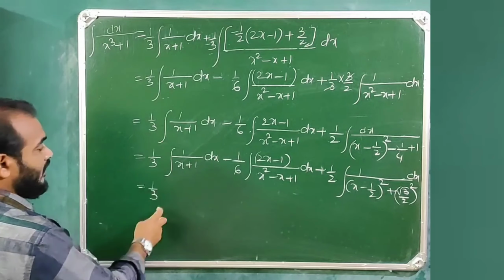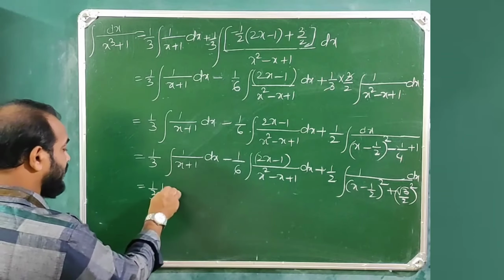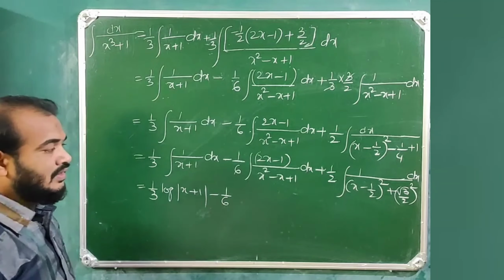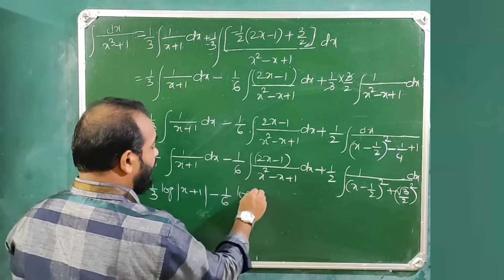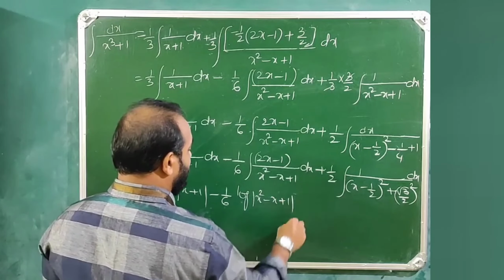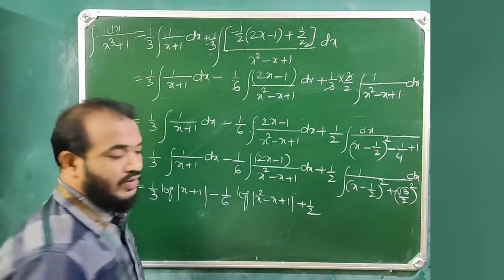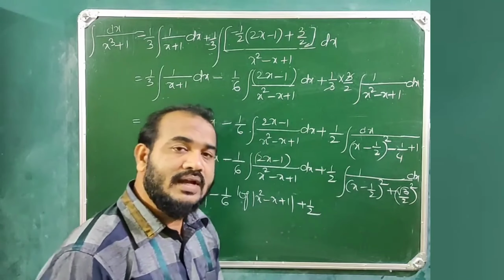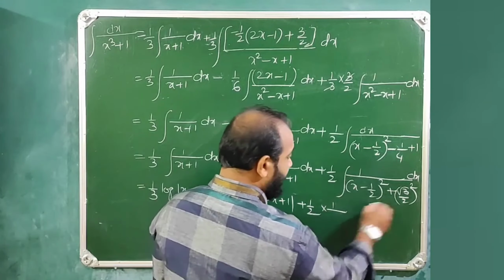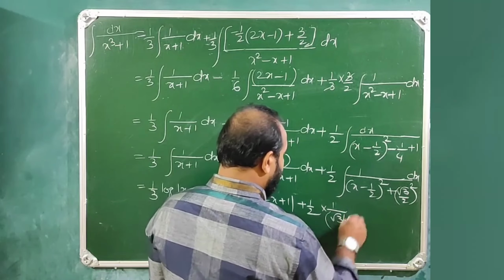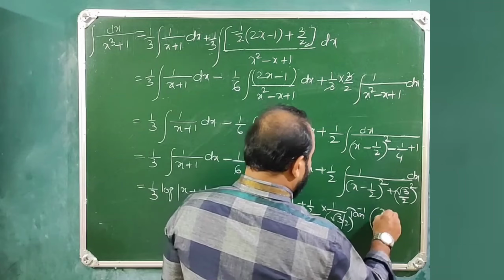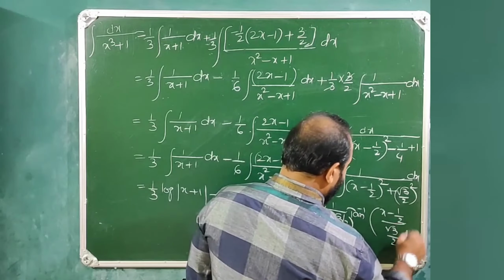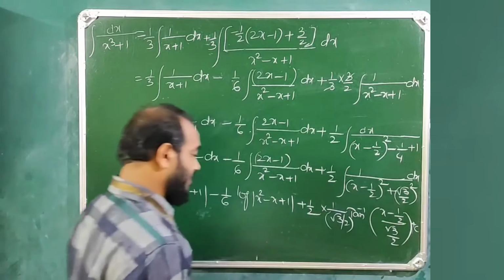So this is 1 by 3, integral 1 by x dx is log modulus of x plus 1, minus 1 by 6. This is f dash x by f of x, which is log modulus of x square minus x plus 1, plus 1 by 2. This is of the form integral 1 by x square plus a square, which is 1 by a tan inverse x by a. So 1 by a is root 3 by 2, tan inverse x by a, where x minus 1 by 2 is x and a is root 3 by 2, plus constant of integration c.